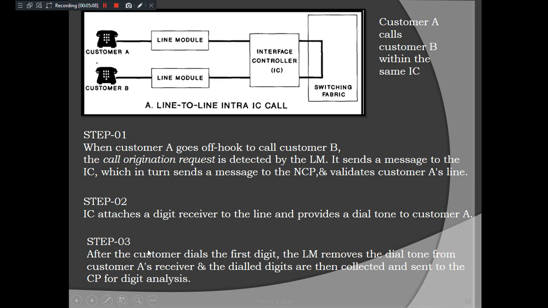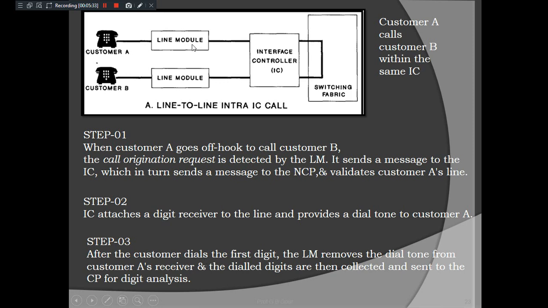In step 3, after customer A dials the first digit, the LM removes the dial tone, because we have seen that the moment we start dialing the number, we stop hearing the dial tone from customer A's receiver. The dialed digits are then collected and sent to the CP for digit analysis.